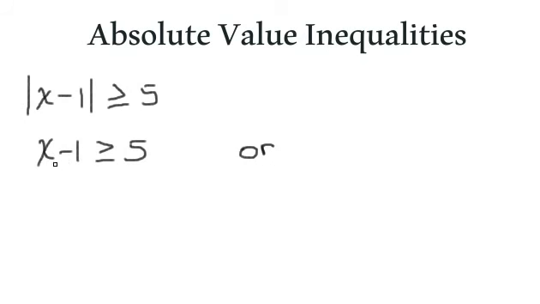Okay? And then I'm going to rewrite this. So we have x minus 1. We're going to flip this inequality and throw a negative out front of the 5. Okay, so let's work this one here. So just pretend this is like a regular equation and we're solving for x. So because we have a minus 1, I'm going to take it over to the right hand side and it becomes a plus 1.